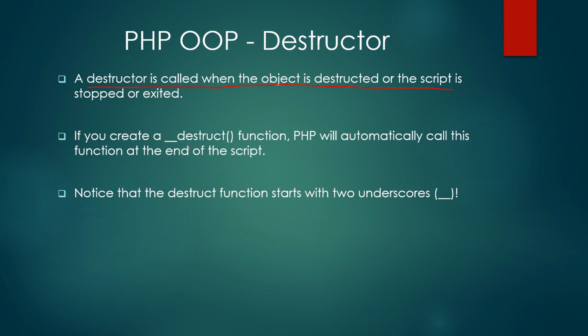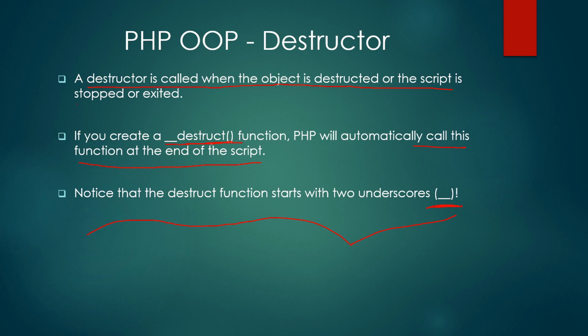If you create a destruct function, the syntax is the same. We have to use double underscore and then destruct function. PHP will automatically call the function at the end of the script. So even destruct function will be called automatically by PHP. Notice that the destruct function starts with two underscores.